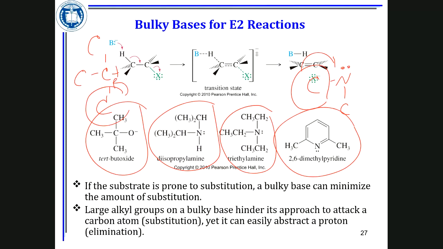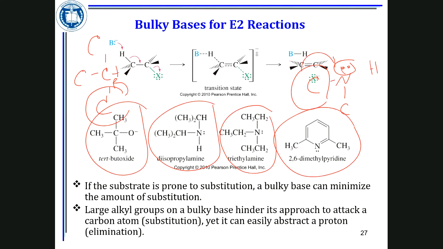Nitrogen also has a pair of unshared electrons on its own, and that gives more basic property to the nitrogen, so nitrogen can share the pair of electrons, or can accept or abstract protons. So it's acting as a base.